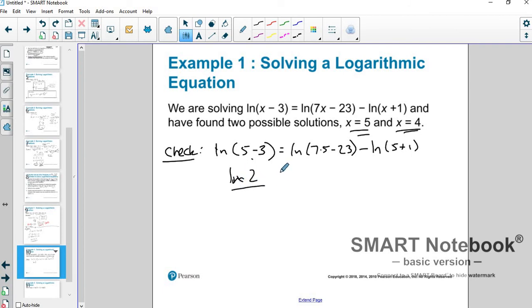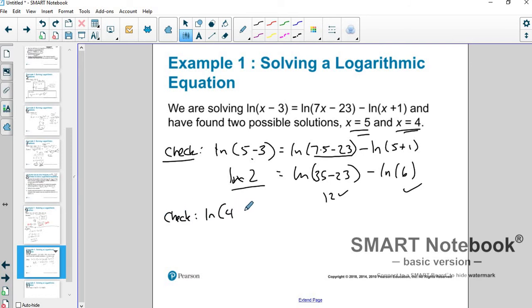That's okay. This is natural log of 35 minus 23, which is 12. That's okay. And this is natural log of 6. And so that's okay. What if we plug in 4? 4 minus 3, natural log of 7 times 4 minus 23.